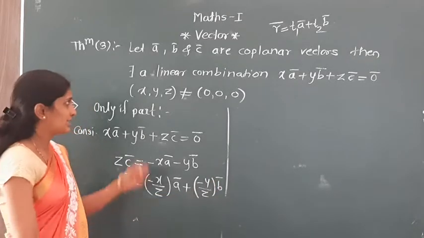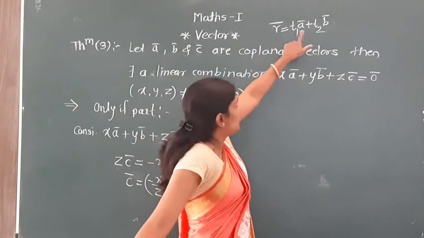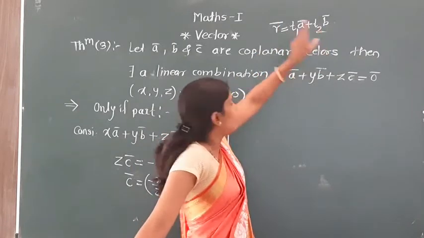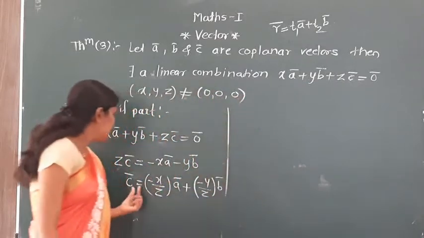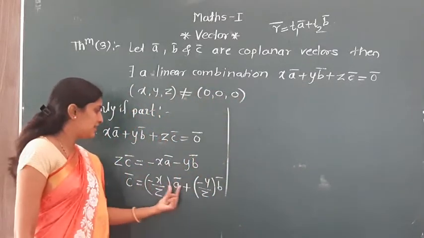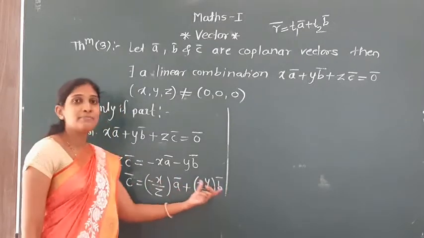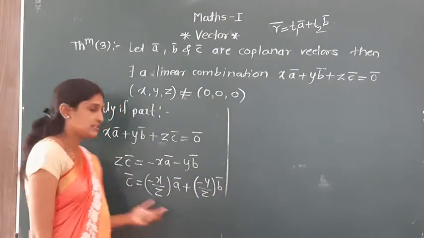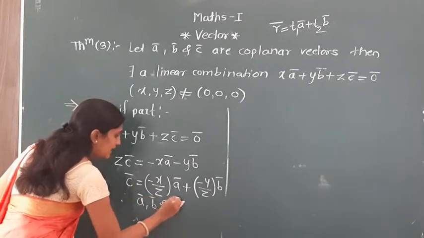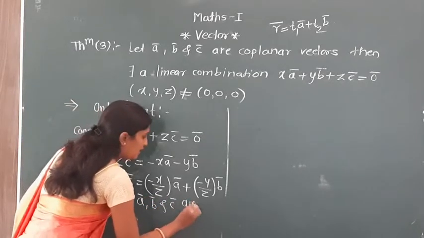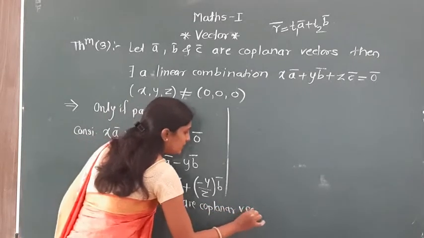So by using the second theorem, if R bar is equal to T1 A bar plus T2 B bar, then R bar, A bar and B bar are coplanar. Similarly, if C bar is equal to scalar A bar plus scalar B bar, then A bar, B bar, C bar are also coplanar. Therefore, A bar, B bar and C bar are coplanar vectors.